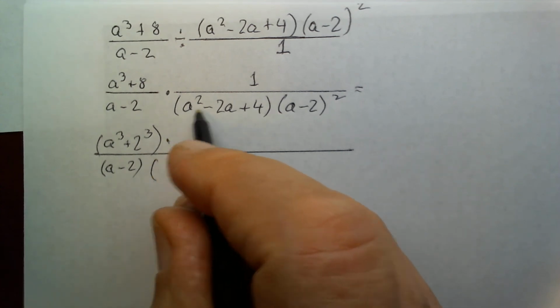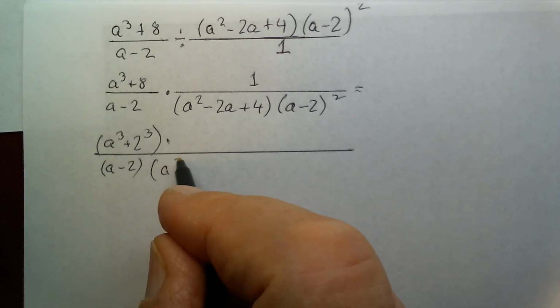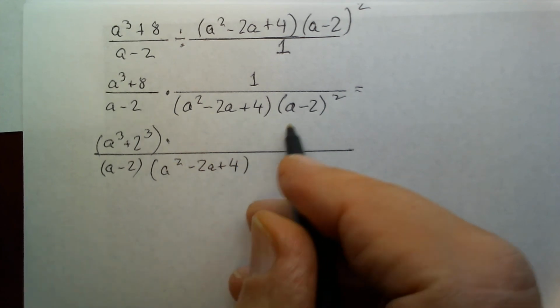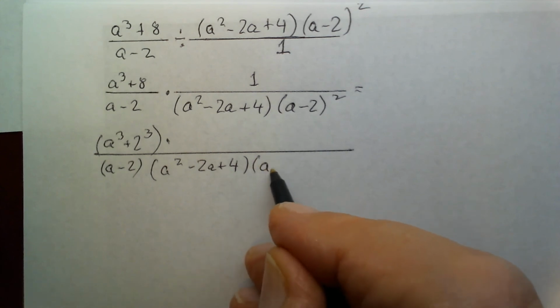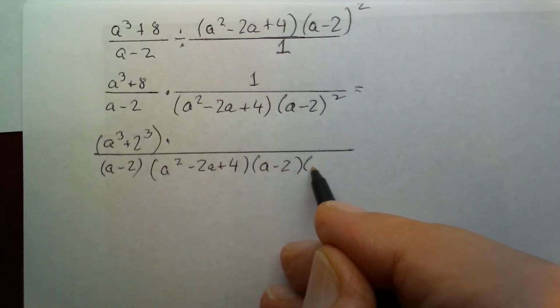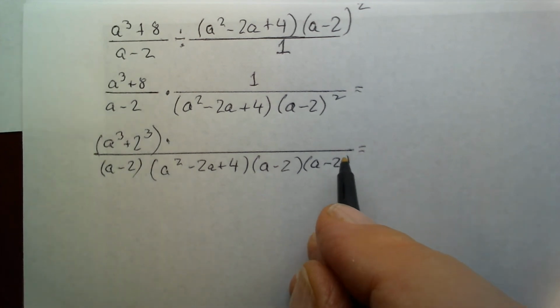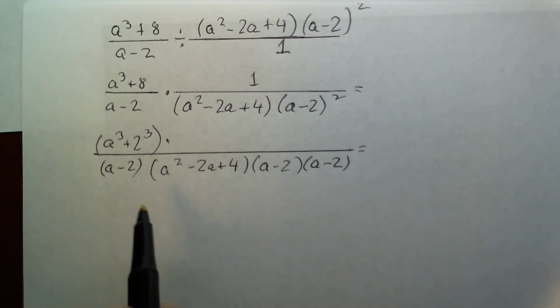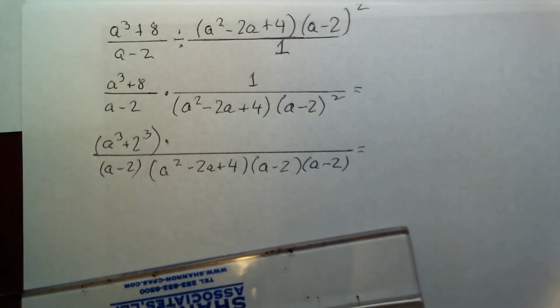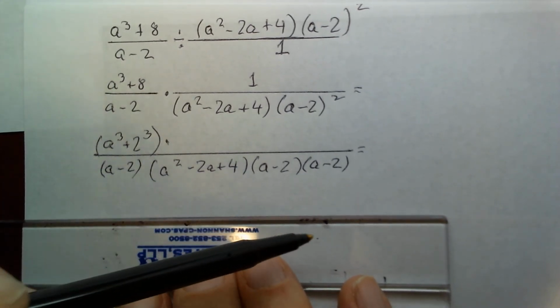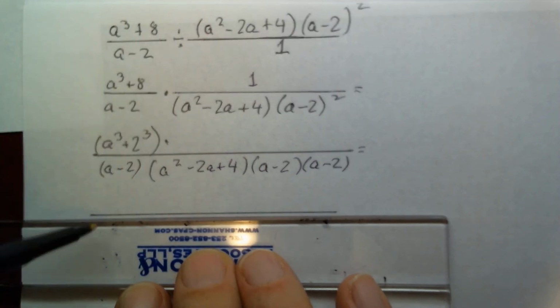In the denominator we have a squared minus 2a plus 4. And this we write as a minus 2 times a minus 2. Now, here we have the difference of 2 cubes. So let's write that in factored form.